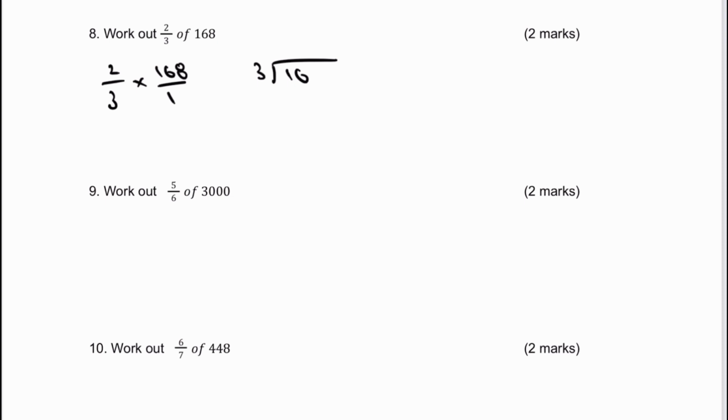How many 3's are there in 168? So therefore I can just use my short division. I'm going to get 56, and then that would be equivalent effectively to 1/3 of 168, but because I want 2/3 of 168, what I'm going to do then is I'm going to do 56 times 2, and that's going to give me 112. So my final answer is 112.